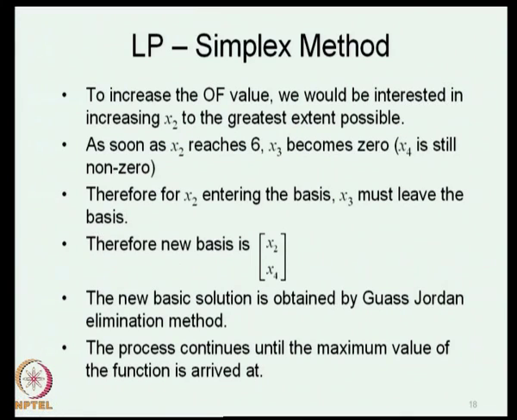This is the basis on which we move from one iteration to another iteration, one step to another step in the simplex method. Then starting with this basis, now x 2 and x 4, we obtain solutions for x 2 and x 4, etc. I would urge you to go to canonical form and the Gauss-Jordan elimination method of simultaneous solutions.